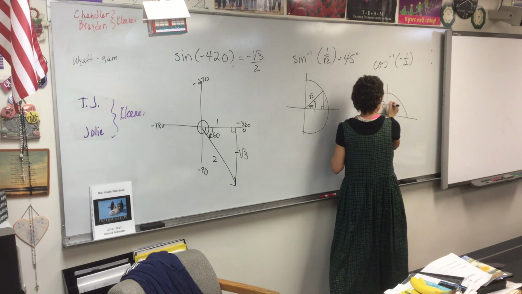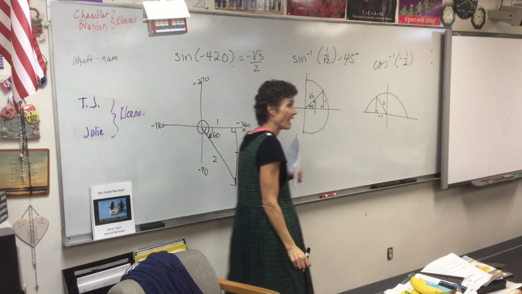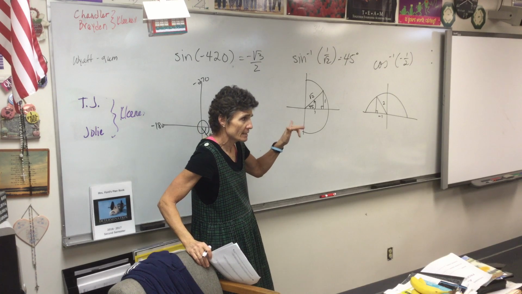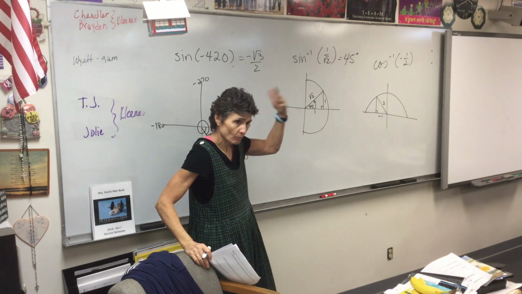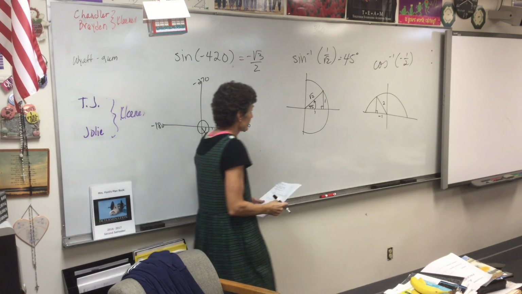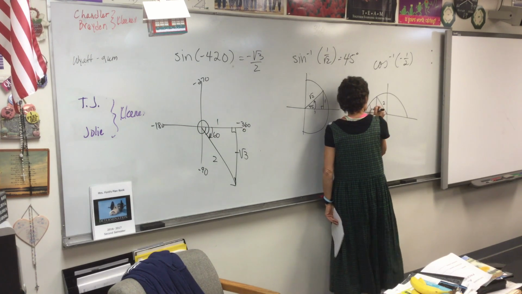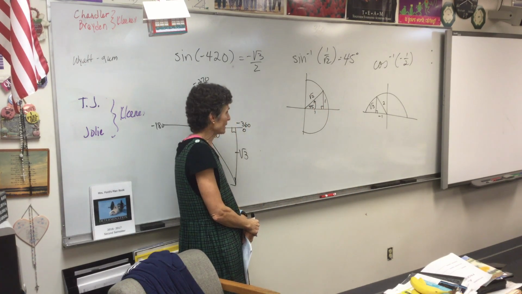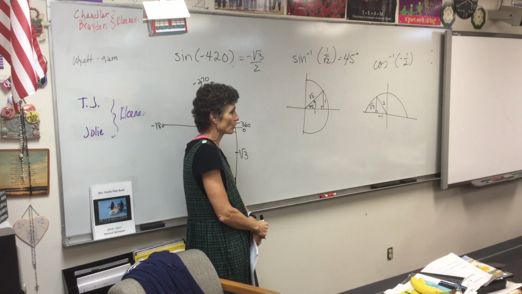So the cosine is negative 1/2. How did I know to put the 1 and the 2 where I did? Cosine is adjacent over hypotenuse. So the other side will be root 3. Should that root 3 be negative? No. Way up.